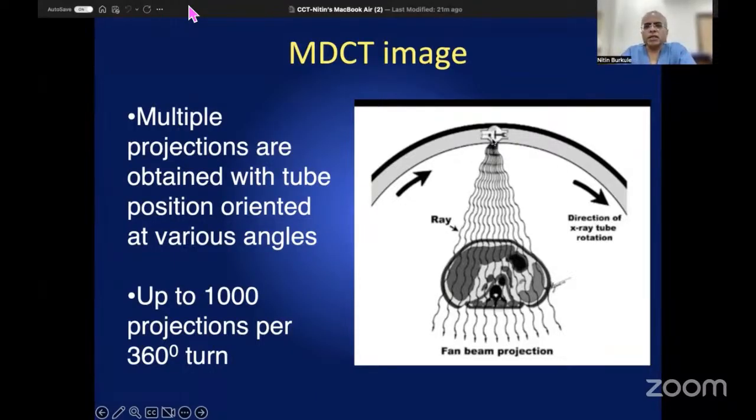Then each X-ray beam which travels from the X-ray tube to a single detector element is called a ray. So that is a ray, and this group of all these rays at this particular position of the X-ray tube is called a projection. So you have 1,000 projections, and each projection will have 64 into 800 elements or rays. So remember that amount of data you are creating.